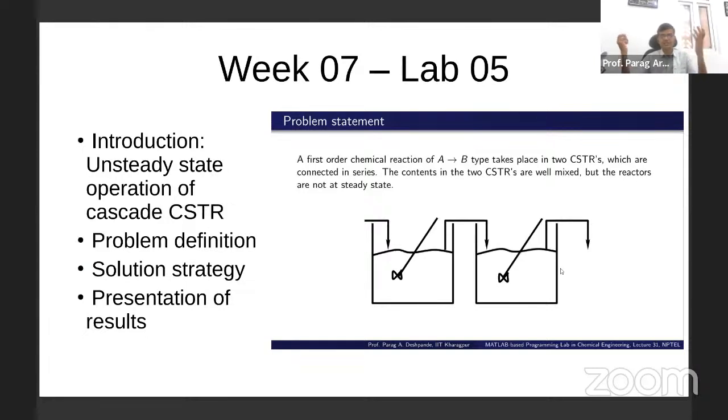So a cascade CSTR system, chemical engineer, we know and understand how this works, except that we are not simply dealing with the steady state operation, rather we are dealing with the unsteady state or transient operation, such as CSTR. So how does the concentration evolve with time if such a CSTR is used, right? So that's the basic idea behind this.